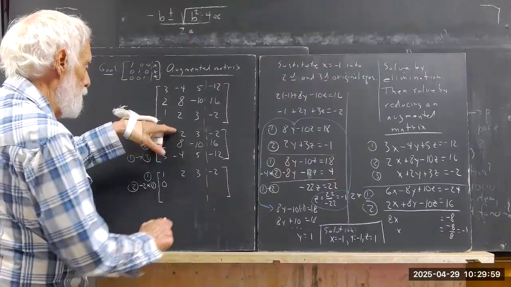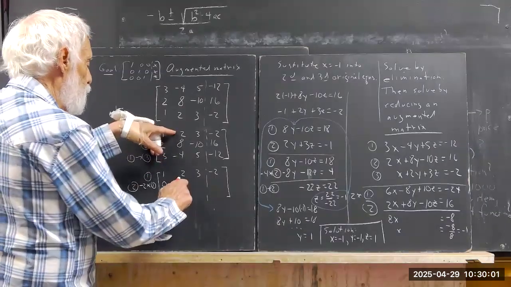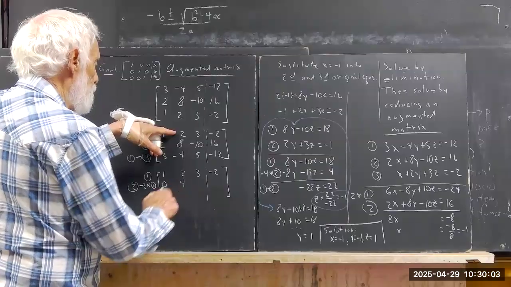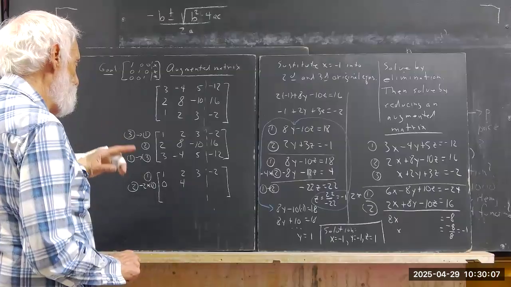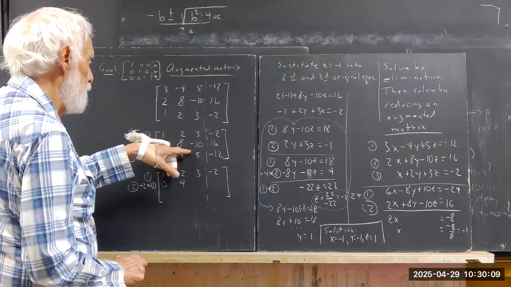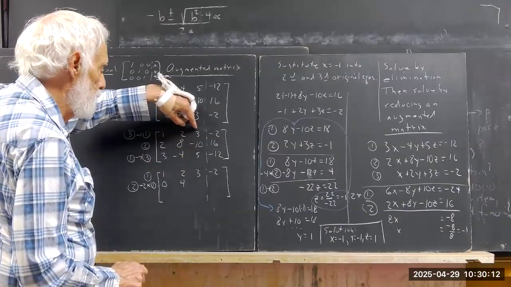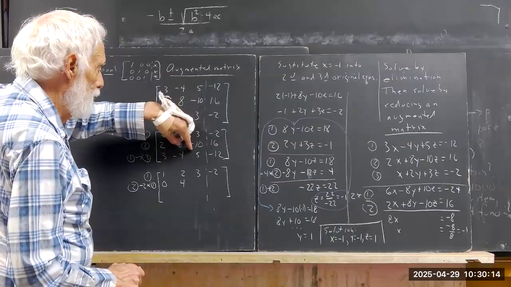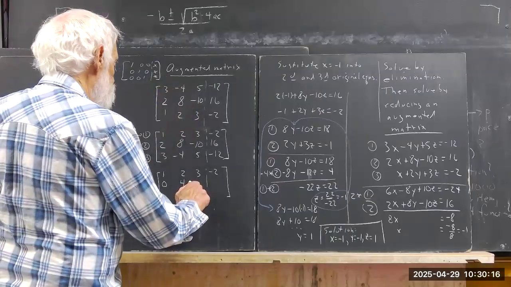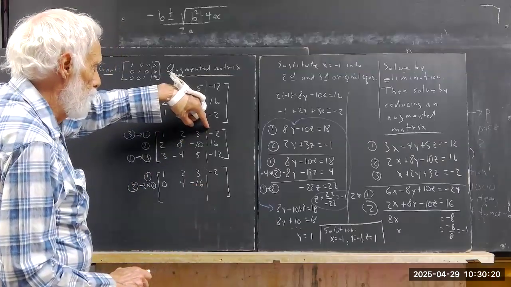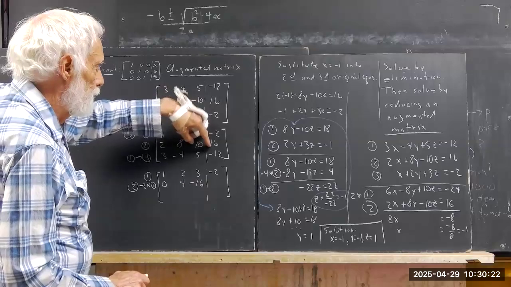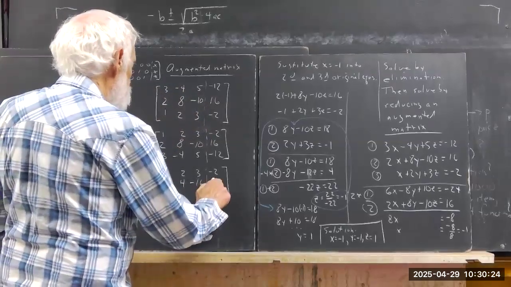And 8 minus 2 times 2, that's 8 minus 4, that gives us 4. Negative 10 minus 2 times 3, 2 times 3 is 6, negative 10 minus 6 is negative 16. And then 2 times negative 2 is negative 4. 16 and negative 4 gives us 12.